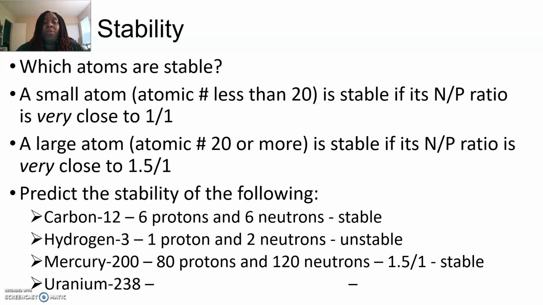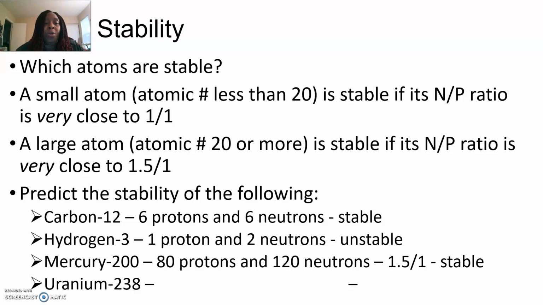So remember, the atomic number is going to be greater than 20. If it's greater than 20, for it to be considered stable, it has to be close to 1.5 to 1. And mercury 200 is 1.5 to 1, which is considered stable. Same thing for uranium 235. What I'm looking for is a 1.5 to 1 ratio.